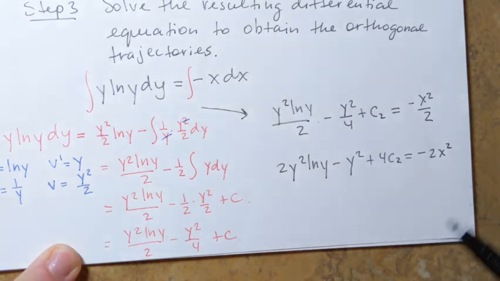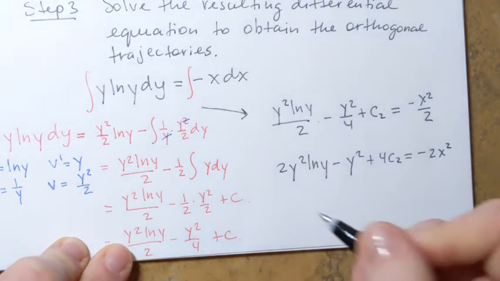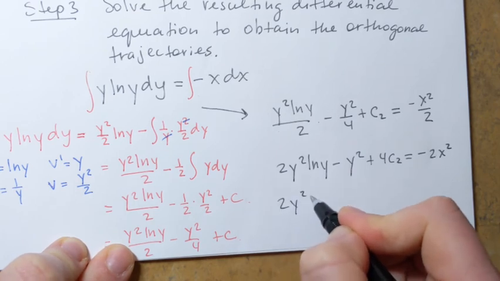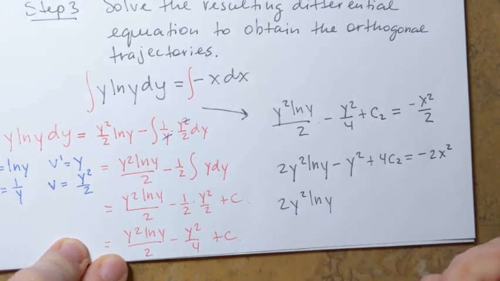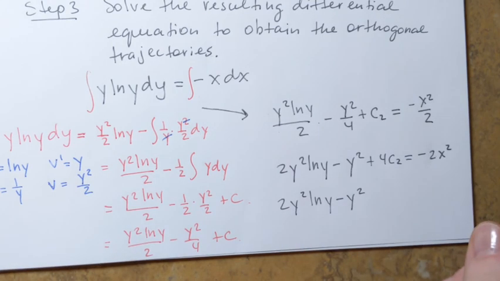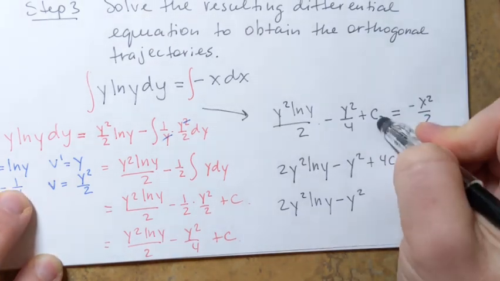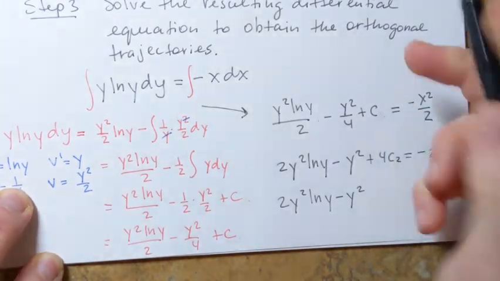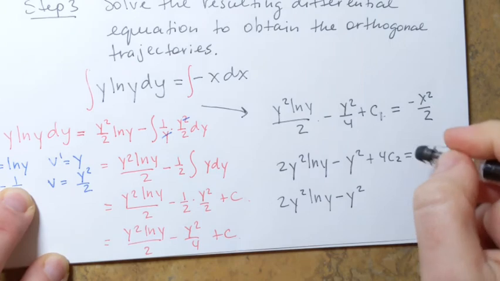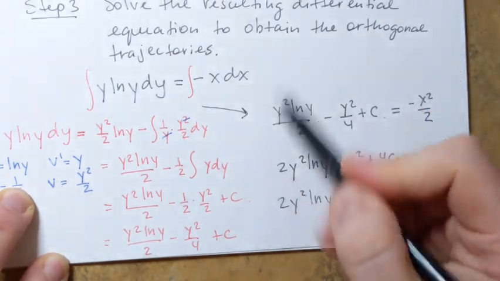And I will relabel 4c2. I was trying to keep c2 for my final answer. You know what I'm going to do? Okay, so this is C. Let's call that C1. Oh no, I can't do C1, because we had an original family of curves, so that was C1.